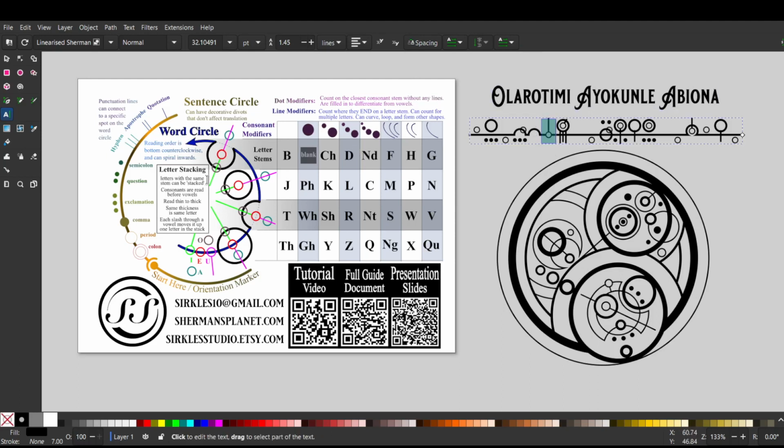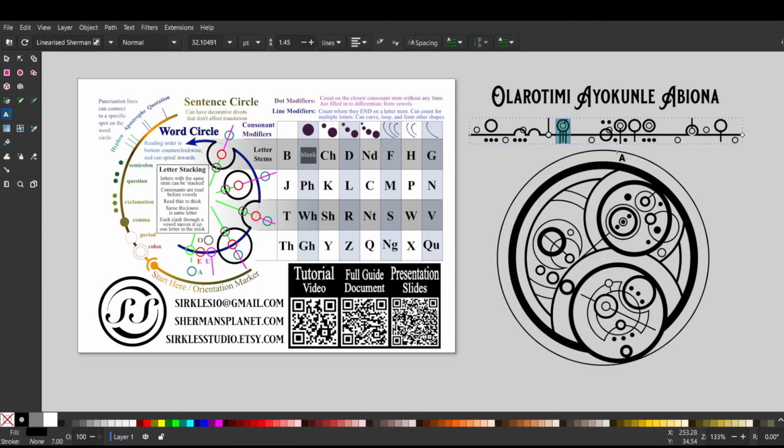So we have the I with the line going down when it's on the top of our circle. And then we have this circle, which is our M and I. 1, 2, 3 lines on the M, and the I has that 1 line going towards the inside. So that would be the Ola Rotimi circle.